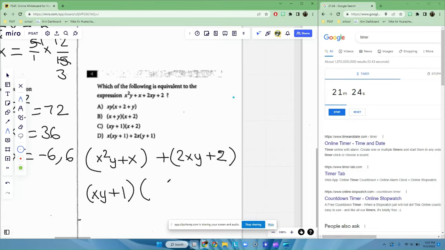We can put x here, because this is a square here, and we can make this 2. Since there's a 1 here, we can get 2. Now it matches with option C, and just to confirm, if we multiply, we get x squared y plus 2xy plus x plus 2. There's your answer.